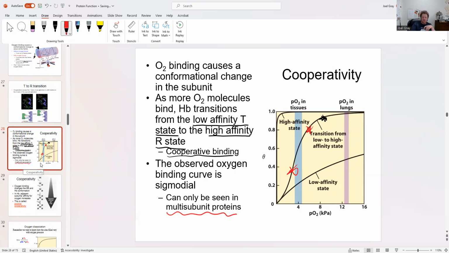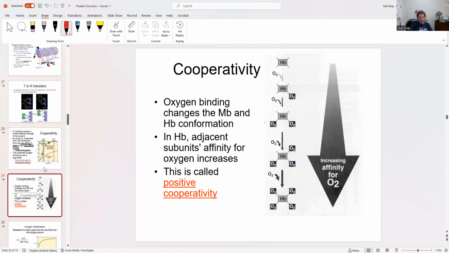This change results from hemoglobin being a multi-subunit protein. This phenomenon is known as cooperativity. And to illustrate cooperativity, we've got this model on the right-hand side of this page.